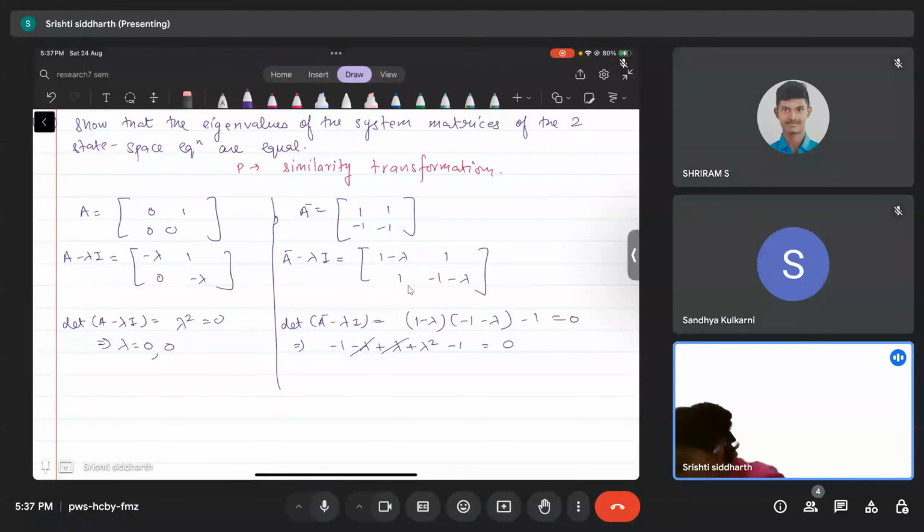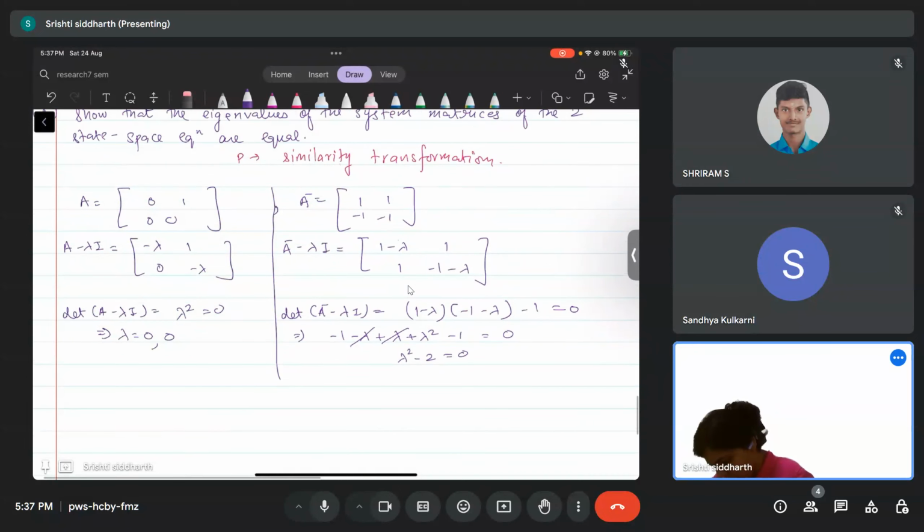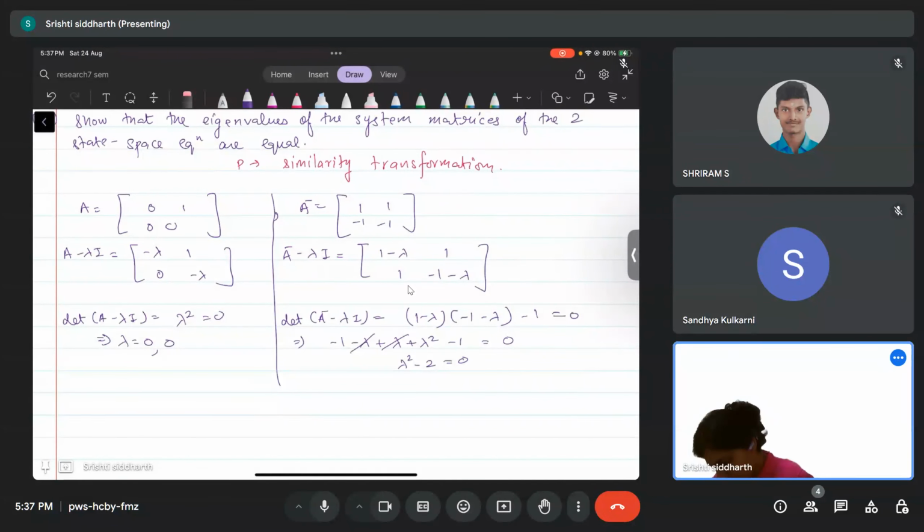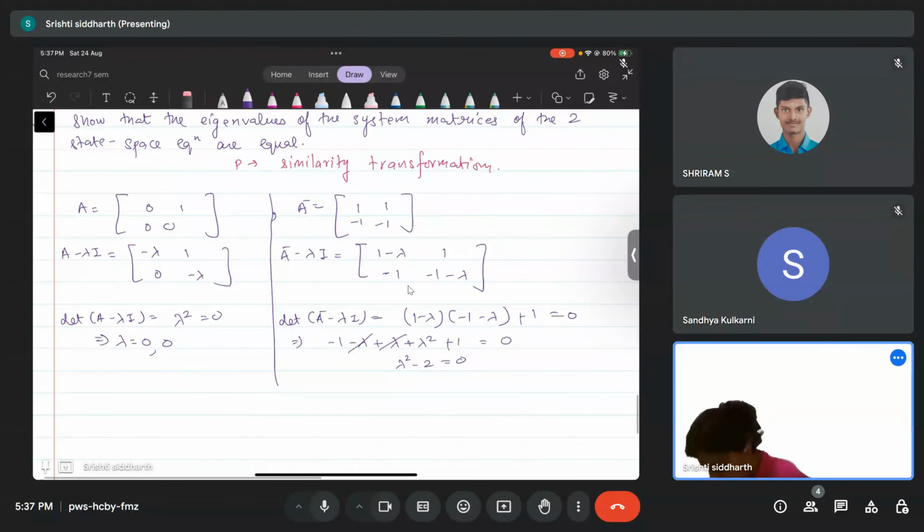Okay, I thought there was a mistake somewhere, but the sign is fine. So similarity transformation P preserves the eigenvalues of the original system and the modified system.